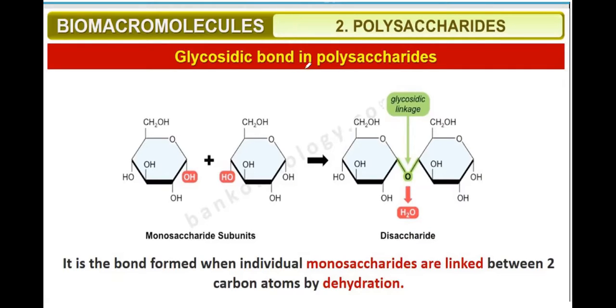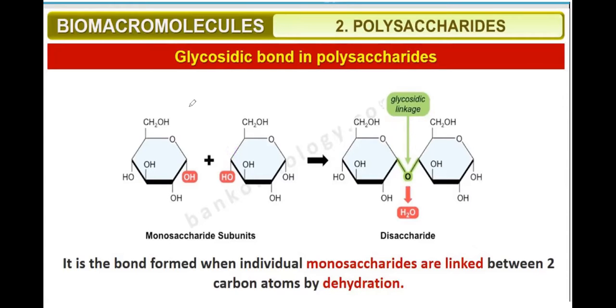What is glycosidic bond? Which bond is present in polysaccharide? Sometimes a question will be there: name the bond which is present in polysaccharide. The bond present in polysaccharide is glycosidic bond. This glycosidic bond is found between the first carbon of one monosaccharide and the fourth carbon of another neighboring saccharide.